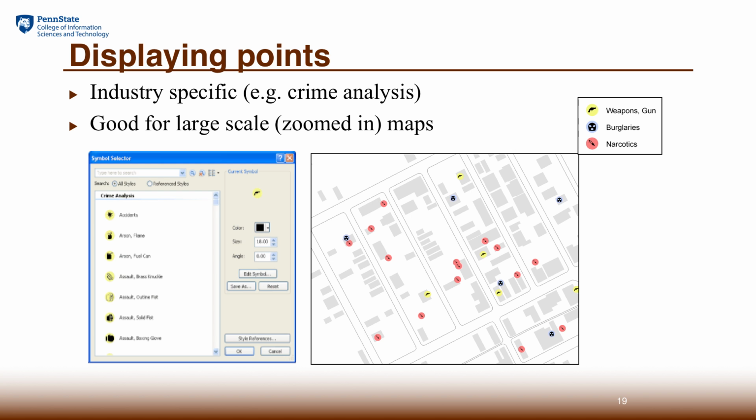For example, for representing different kinds of crime incidents, we already have some pre-designed symbols for a variety of crimes, and they are available by turning on the crime analysis style, where all the crime types can be found. So try to use those standard symbols where you can, because they carry some kind of shared meaning across the same industry.